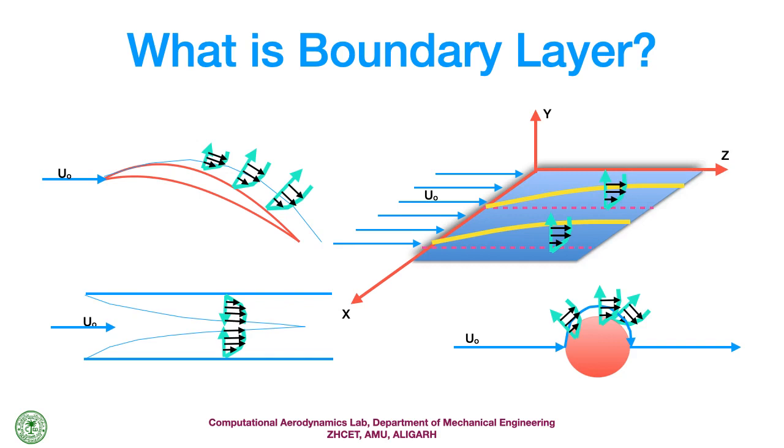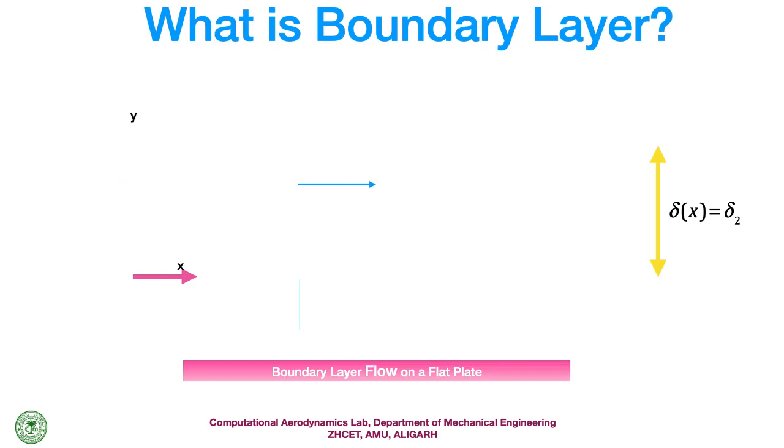Now, this type of boundary layer is always formed on every surface, provided that the Reynolds number is sufficiently high. Now, I will discuss the boundary layer on a flat plate in slightly more detail. Suppose there is a flow coming from the x direction, and my perpendicular direction is y.